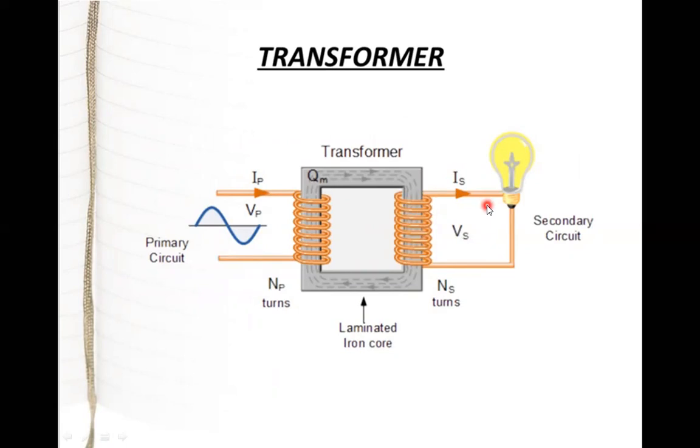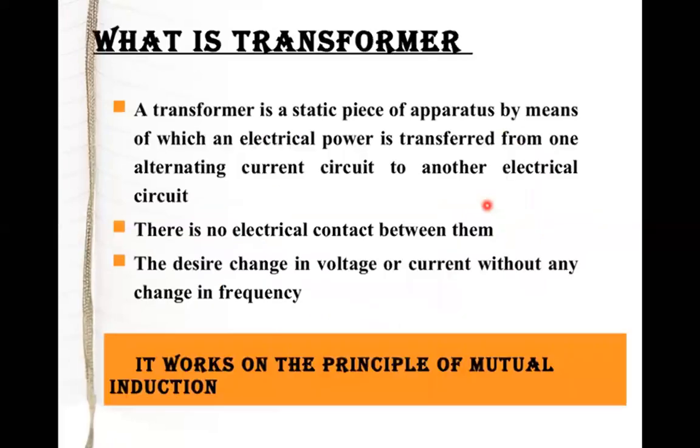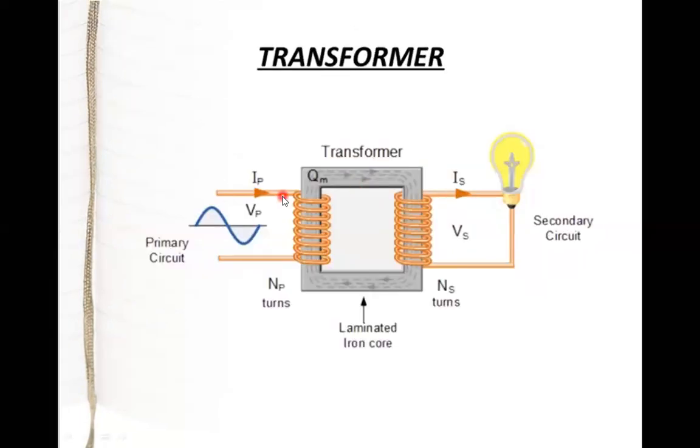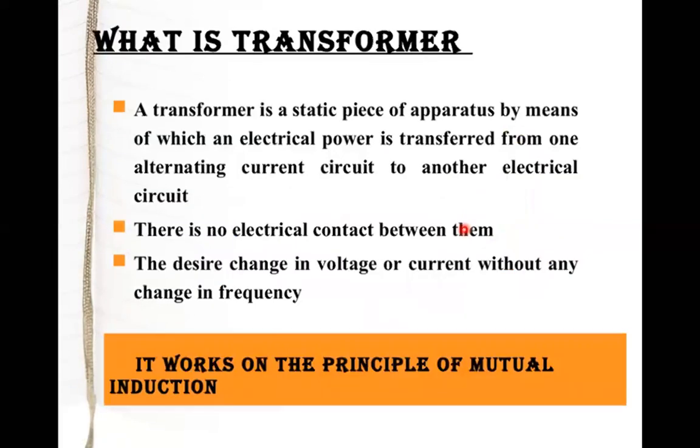So always remember, a transformer will not change or convert the nature of the current or voltage in the output. There is no electrical contact between them. It gives the desired change in voltage or current without any change in frequency. It means if you have an input AC with a frequency of 50 Hz, the output will have the same frequency value of 50 Hz AC. It works on the principle of mutual induction.